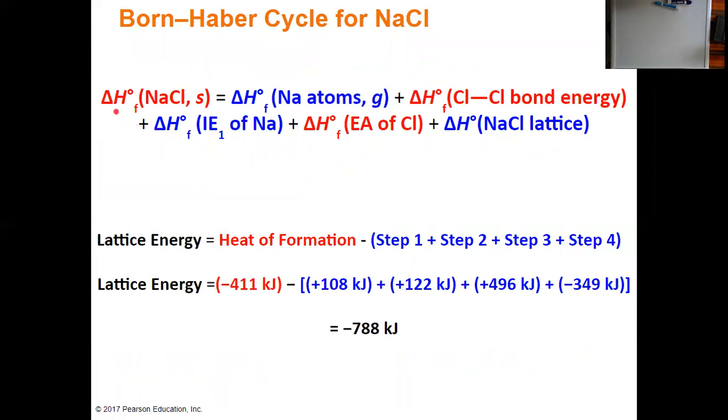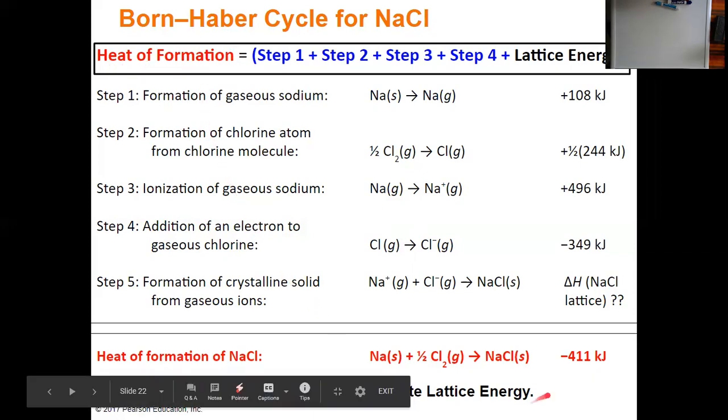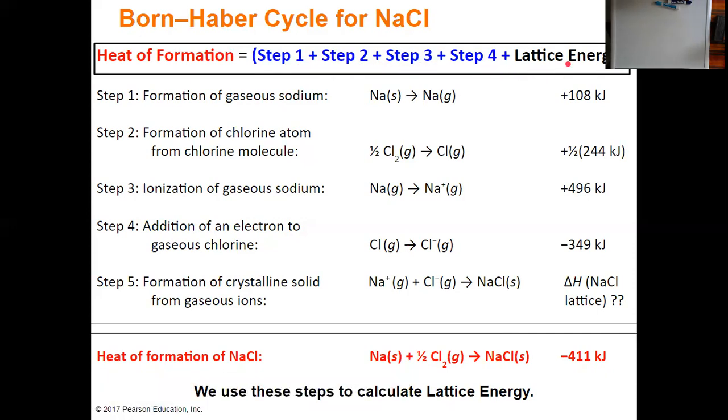So the heat of formation of sodium chloride is going to be the sum of steps 1 through 5. I think in words it might be better here. So the heat of formation, which is this value down here, a value that we're given in this case, is equal to steps 1 plus 2 plus 3 plus 4 plus step 5, which is the lattice energy.